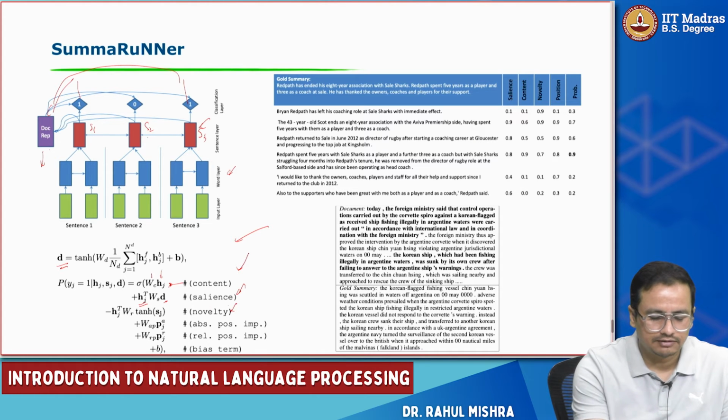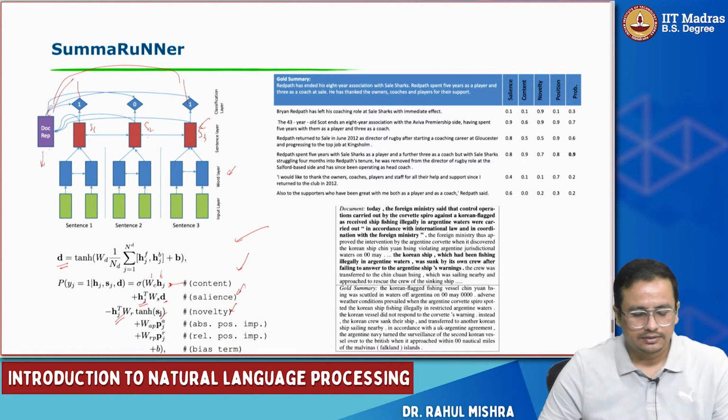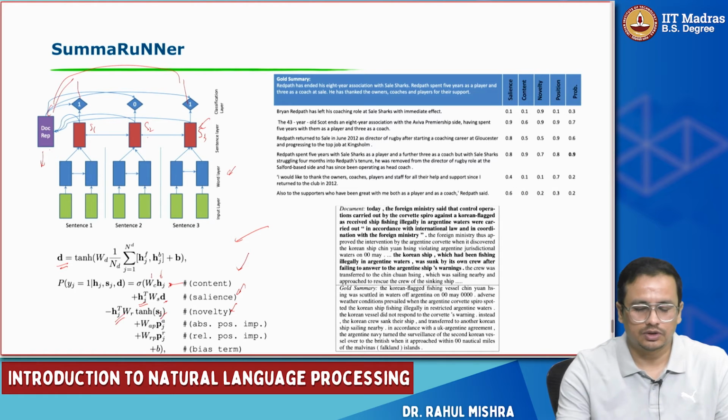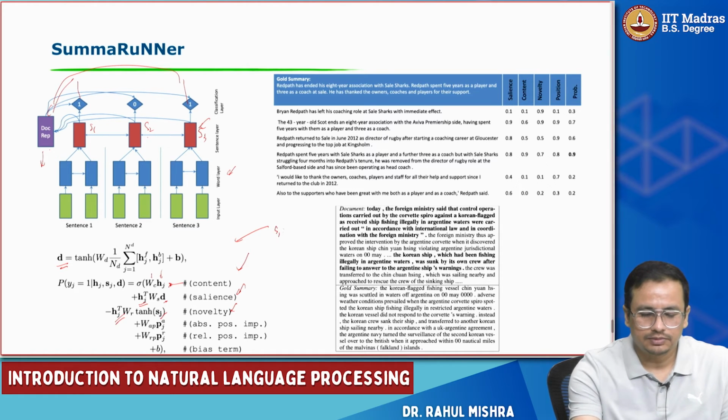Similarly, novelty. Given the hidden states and the non-linearity applied to a sentence representation, there is already a set of sentences. Let's say you calculated sentence 1 should be there, sentence 3 should be there, then sentence 7 should be there. So sentences 2, 4, 5, 6 are omitted.